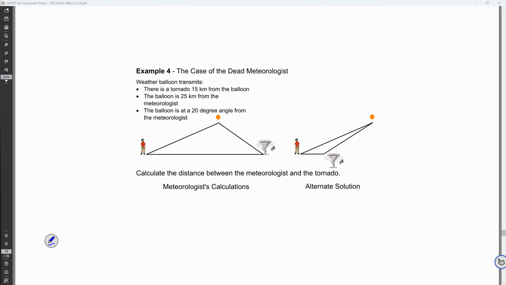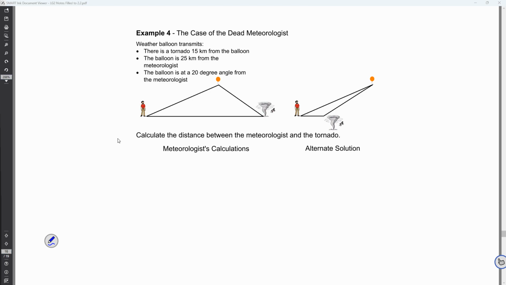For example, if we solve the case of the dead meteorologist, where the weather balloon transmits and there's a tornado 15 kilometers from the balloon, so we're given a side. The balloon is 25 kilometers from the meteorologist, we're given another side. And the balloon is at a 20-degree angle from the meteorologist, so we're given an angle.